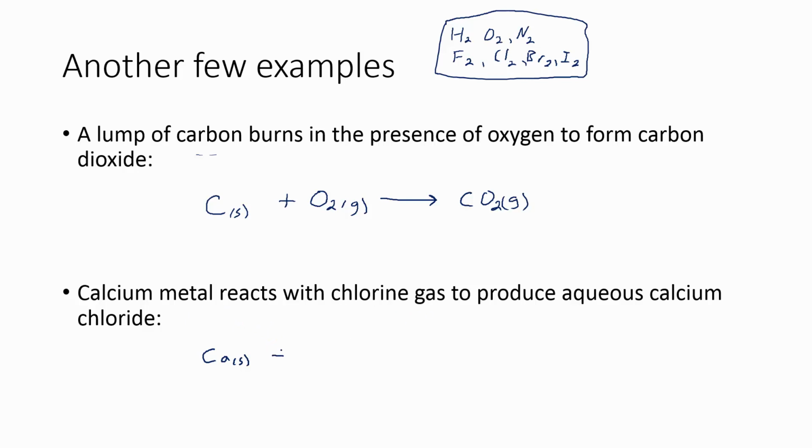Reacts with chlorine gas, diatomic again, Cl2 gas, to produce aqueous calcium chloride. So to produce tells us that's what it's making, just like to form says arrow, that's what it's making. Aqueous calcium chloride.